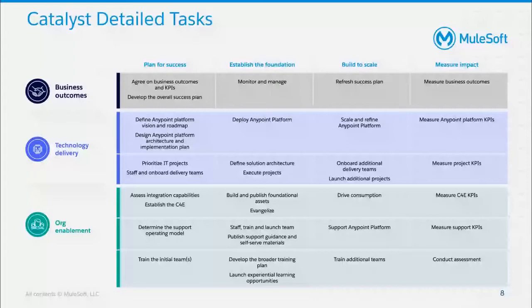project. And if we now look into organizational enablement, you see that for the Center for Enablement part, you start establishing the C4E. You start analyzing the integration capabilities of the organization you're in. And I'm going to go into that in more detail.